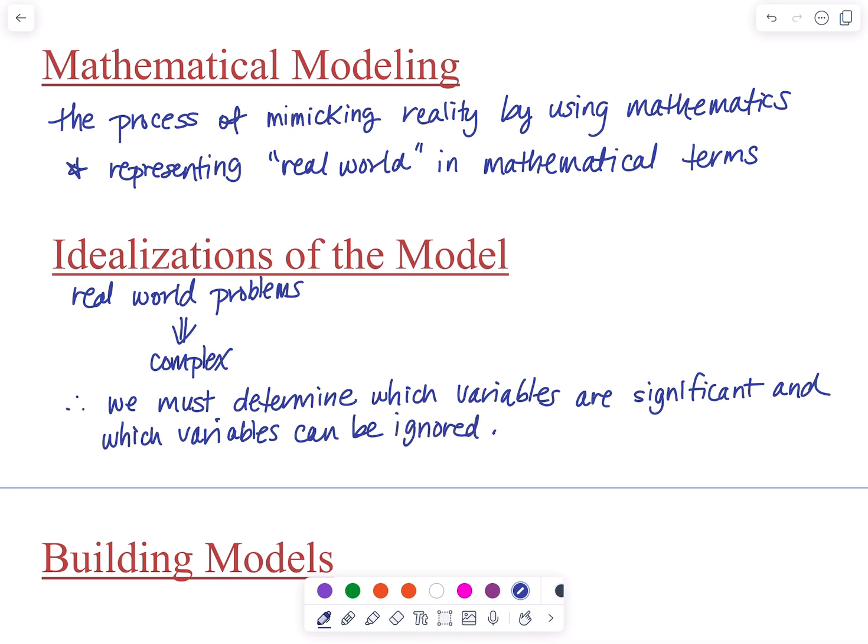And that gives us our idealizations of the model.